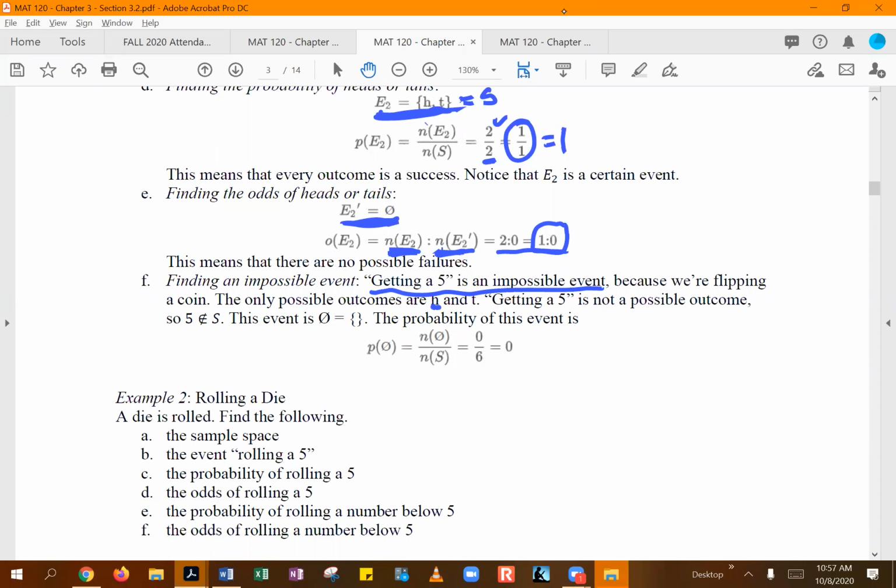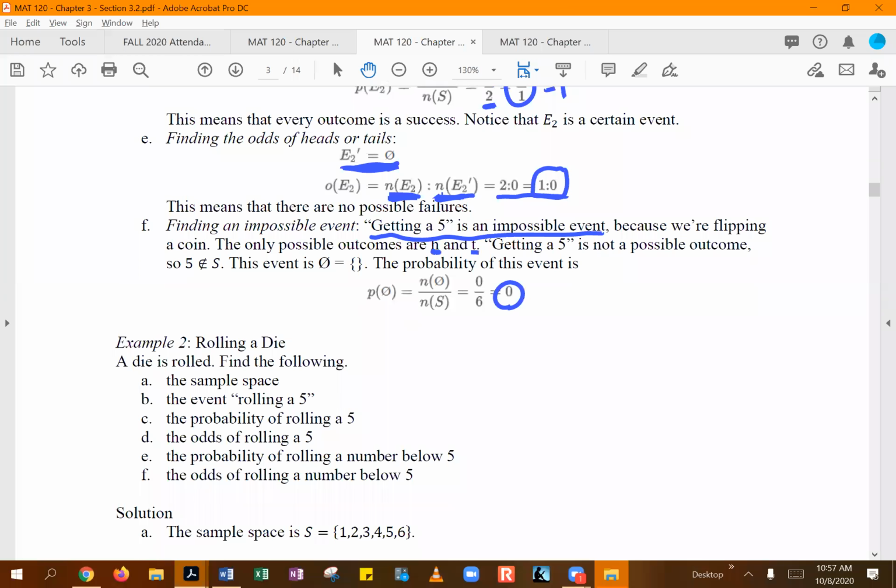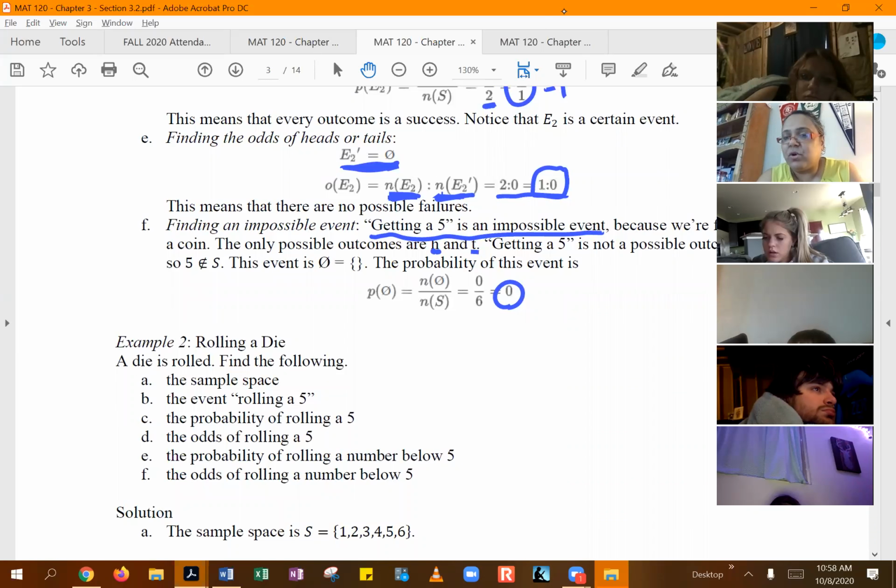You will either get a head or a tail. So that's why that probability is going to end up being 0, and this is what makes it an impossible event. We're basically saying it's 0% if you think about it in terms of percent, because getting a 5 would be a possibility when you are rolling a dice, right?